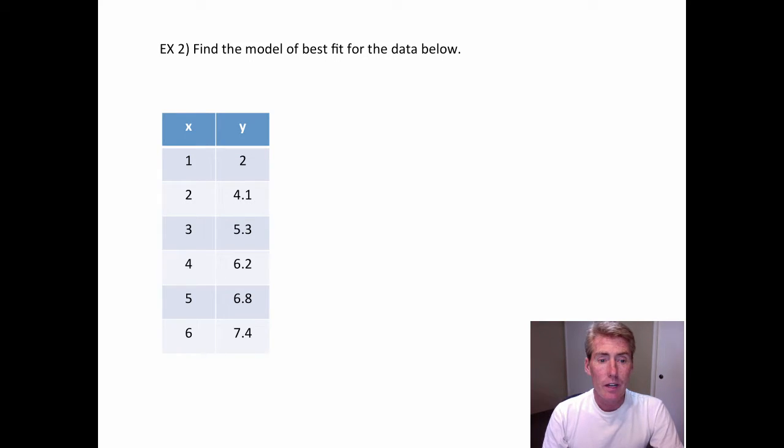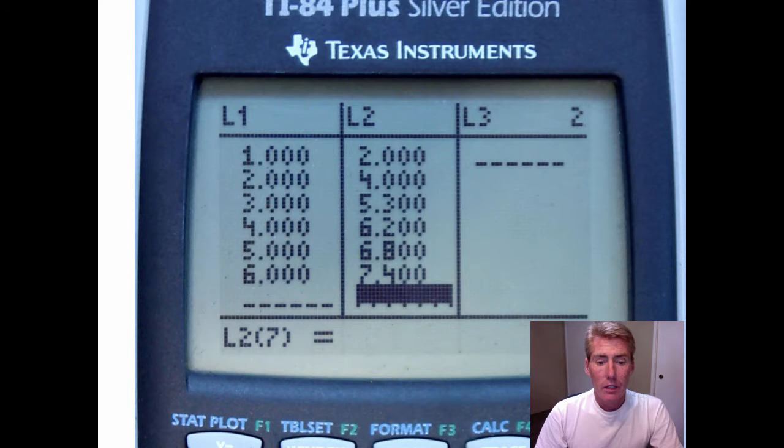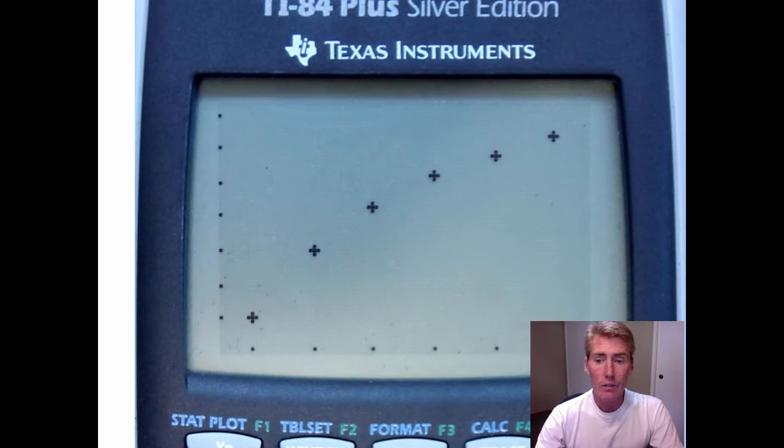So what about this data? Notice this, it goes from here to here, it doubles, and then it doesn't double again, but it does grow, and then it grows a little bit, a little bit, a little bit. So it starts off growing a lot, and then slowly grows. That is like natural logarithmic. So put the data, again, in list 1 and list 2. If you take a look at the graph, it grows rapidly at the beginning, and then it grows, but very slowly over here.